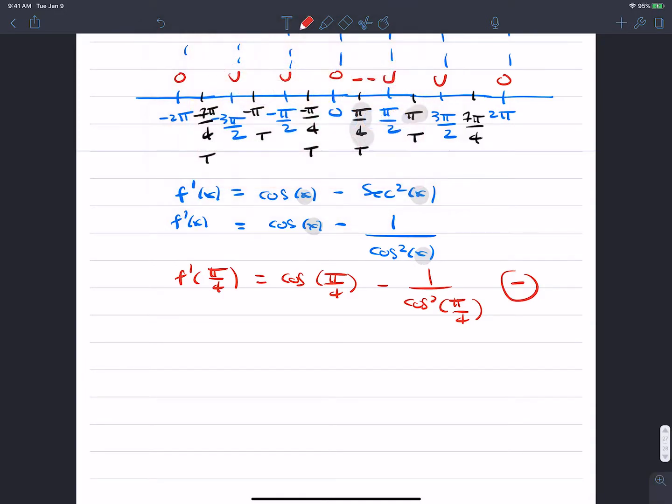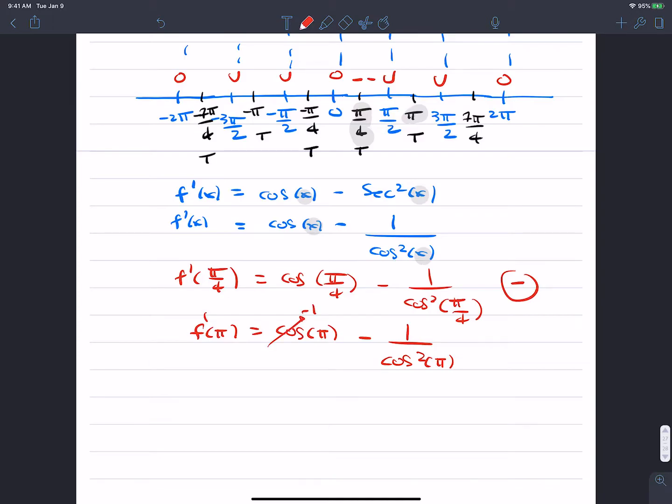And maybe that one would be faster if we just say f prime of pi is cosine pi minus 1 over cosine squared of pi. Do you guys know what cosine pi is? What's cosine pi? It's negative 1. Is that true? So we know this portion here is negative 1.